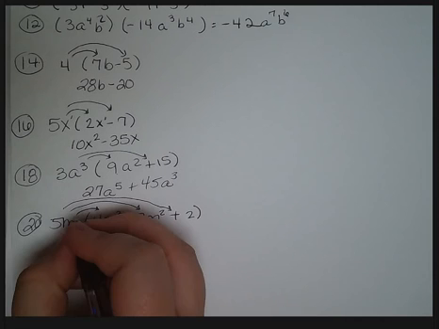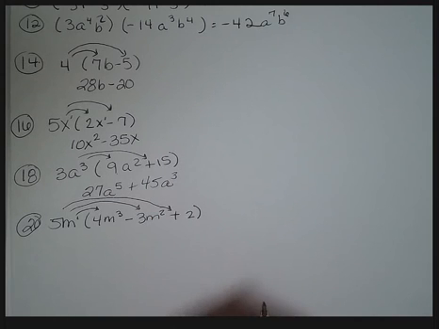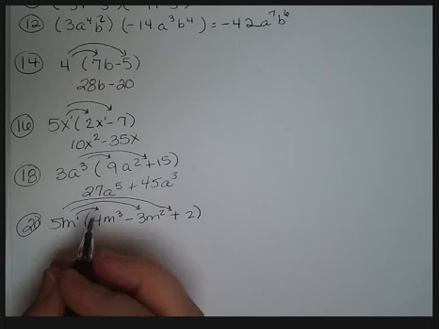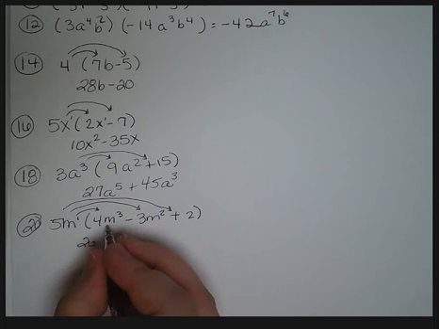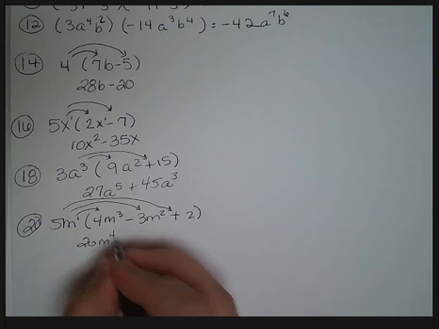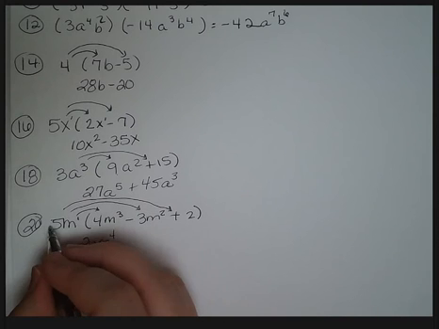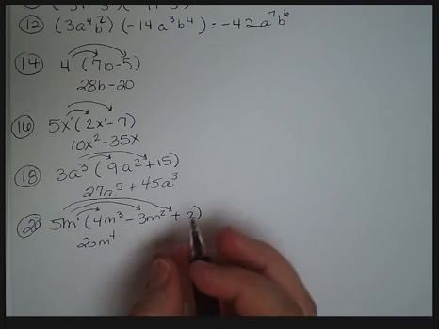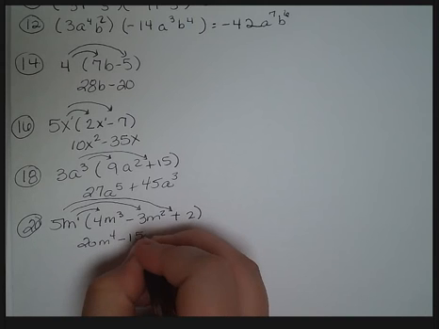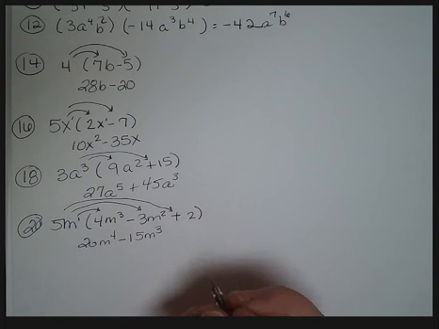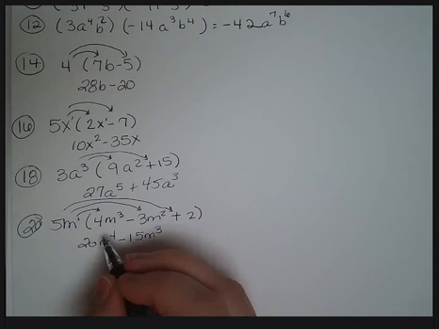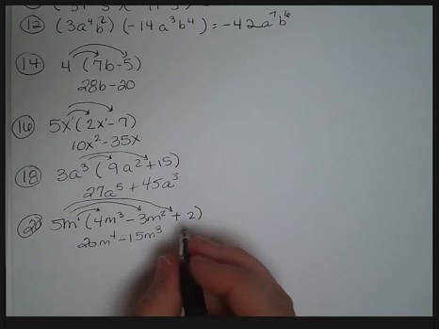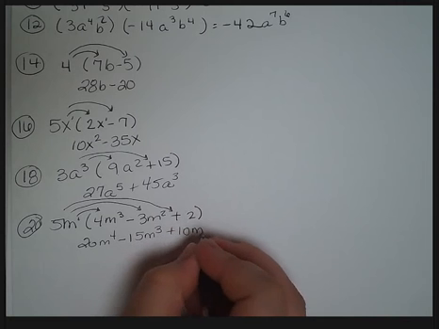So remember that 5m has an understood 1 at the exponent, so 5 times 4 is 20. M times m to the third is m to the fourth. And then 5m times negative 3m squared is negative 15m to the third, because 1 plus 2 is 3. And then 5m times 2 is 10m.